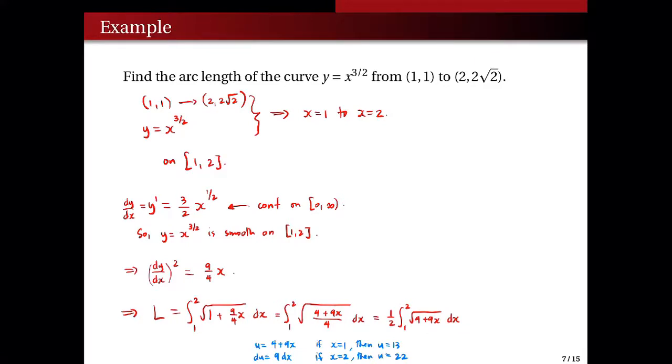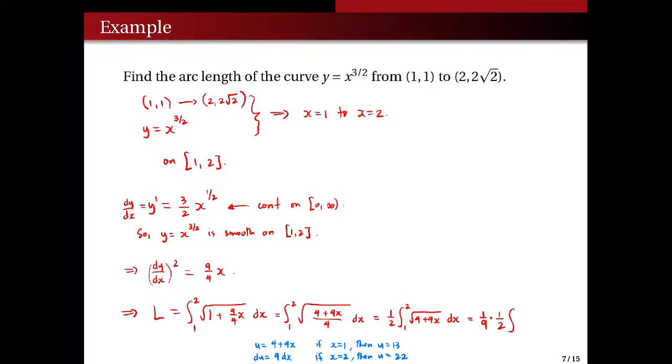So in here, we will now have 1 over 9 coming from du, so I'll bring out that 1 over 9. And then we still have the 1 half coming from this guy here.